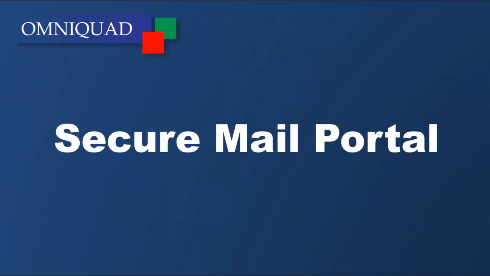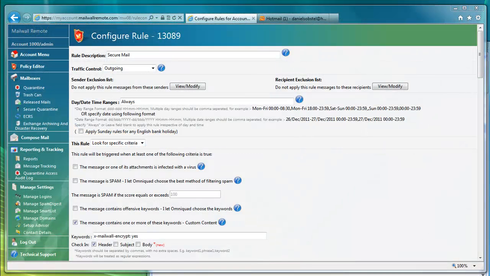The secure mail portal. We will now have a look at an example policy dealing with the secure mail portal. This policy is configured for outgoing mail. It is providing support for an end user's encrypting messages directly within Outlook.